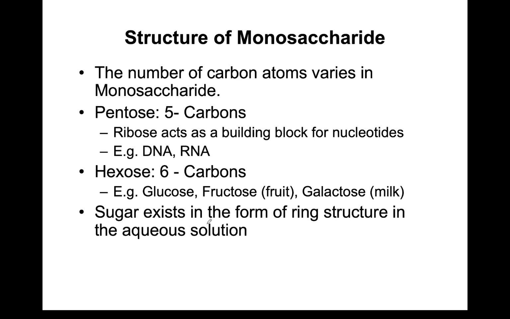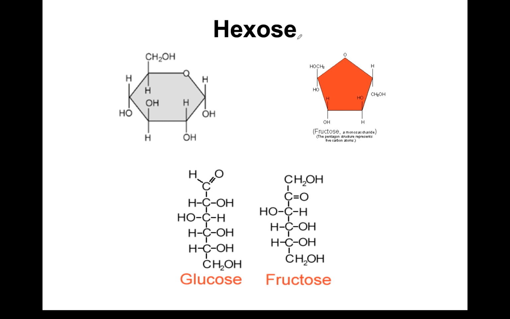Sugar exists in the form of a ring structure in aqueous solution. So let's look at the structure. Hexose is 6 carbon. When a monosaccharide has 6 carbons, it is called hexose. This is a chemical structure. This is a linear form, and this is a ring structure.